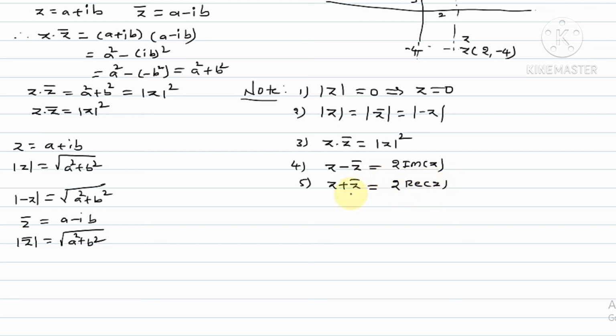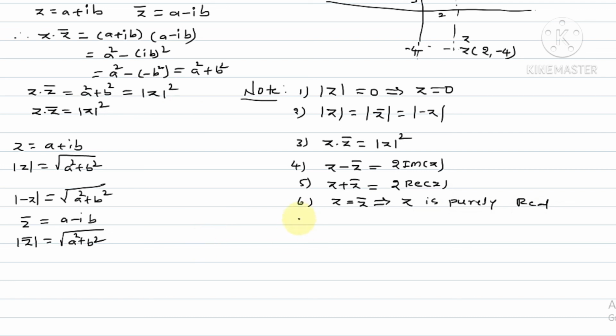Okay. Next, the sixth point I want to give you. The sixth point is, if z is equal to z bar, then what is z? So z is nothing but simply purely real. Okay, it is purely real.